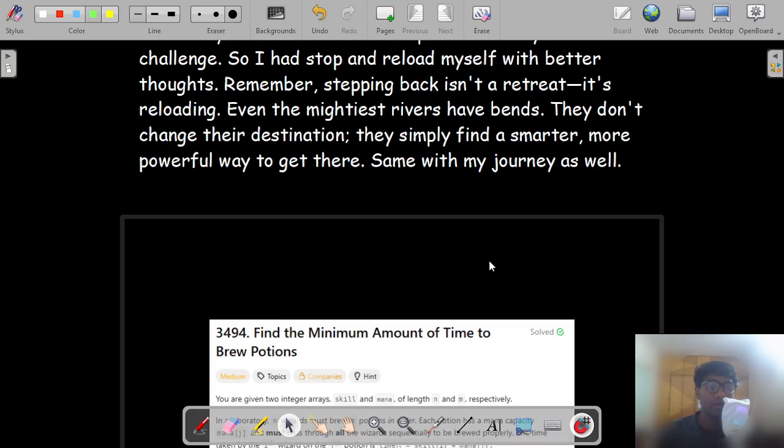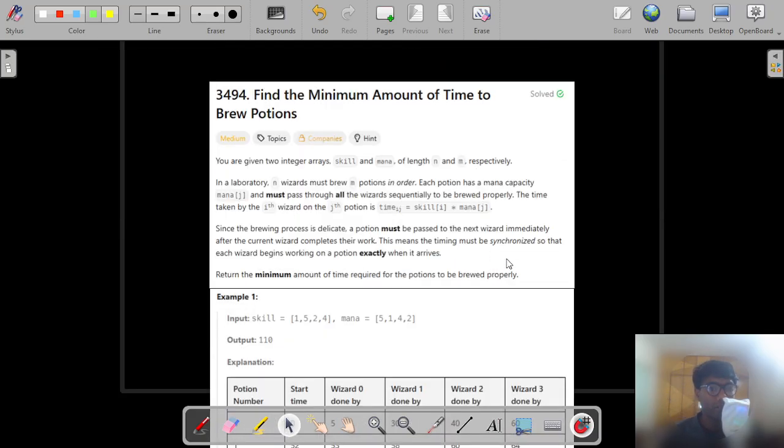Okay. So let's understand the problem statement. You are given two integer arrays, skill and mana, of length n and m respectively. In a laboratory, n wizards have a skill and must brew m potions in order.